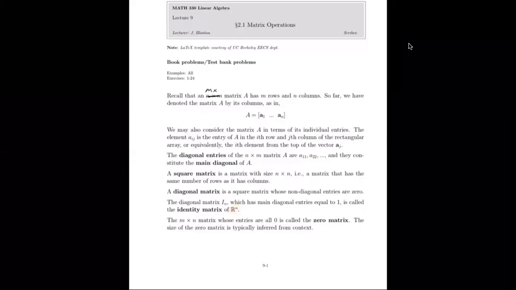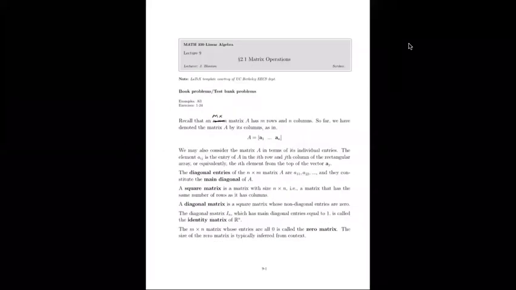The m by n matrix whose entries are all 0 is called the zero matrix. And the size of the zero matrix is typically inferred from context. That's the same for the identity matrix as well. If we're talking about 2 by 2 matrices, and we write down the matrix I, then we're talking about the 2 by 2 identity matrix, unless otherwise stated.